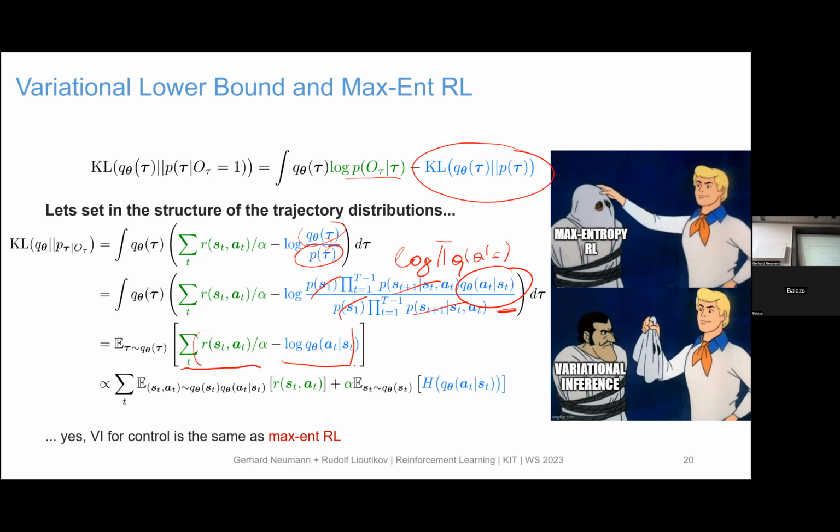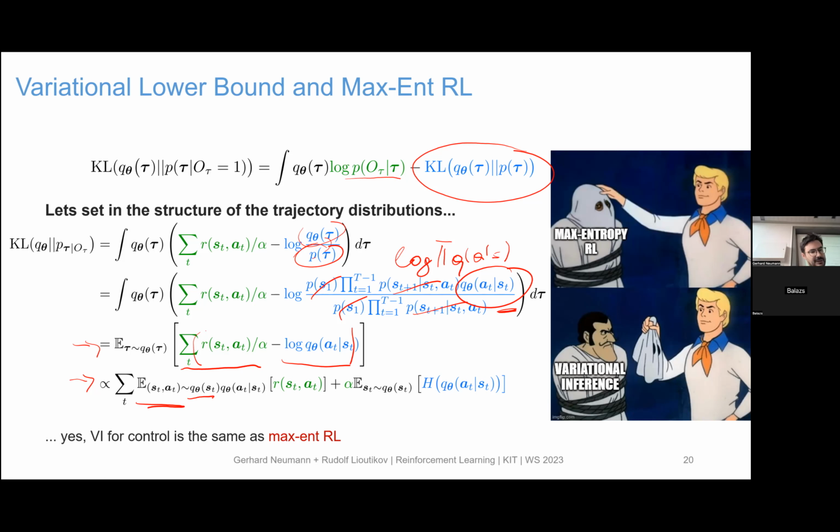The entropy was the integral over minus Q log Q. What we can do from the last line to the next line is to write this expectation a little bit more explicitly, not in terms of the trajectories, but in terms of the states and actions for every time step. The expectation is done with respect to the state distribution at time step t.